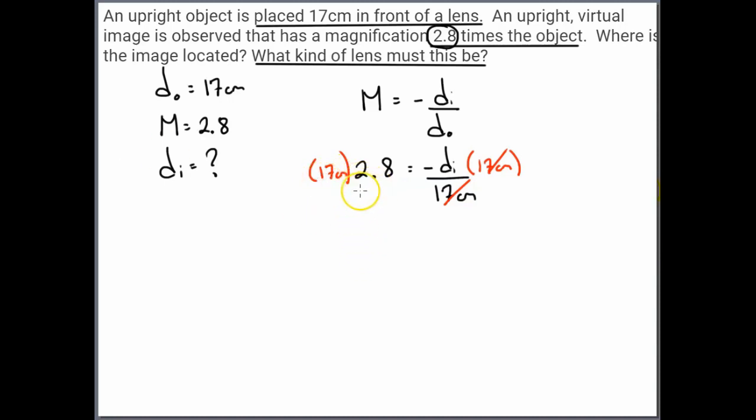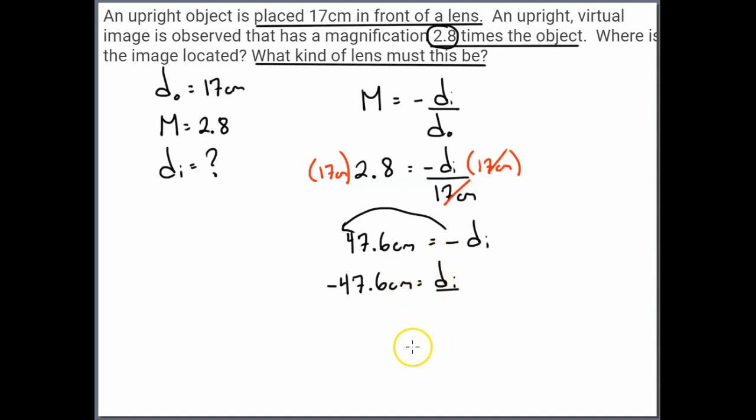So we're left with 17 times 2.8, which is 47.6 centimeters equals negative DI. So we haven't quite solved for DI. We got that negative there. That's okay. Multiply both sides by -1, and the negative just comes over to the other side. So we get negative 47.6 centimeters equals DI. And that makes sense since it is a virtual image.